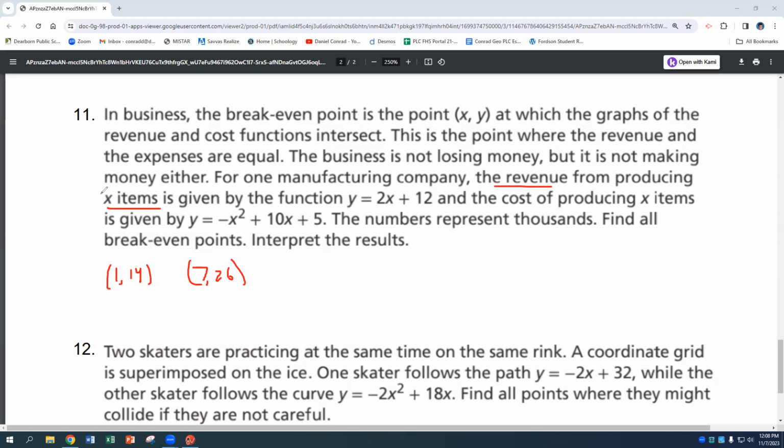This is confusing because I don't think the x here is referring to the x in the equation. Right? It's just saying how many items. The point is the revenue and the expenses are equal. The business is not losing money, but is not making money either. So y should be our revenue.